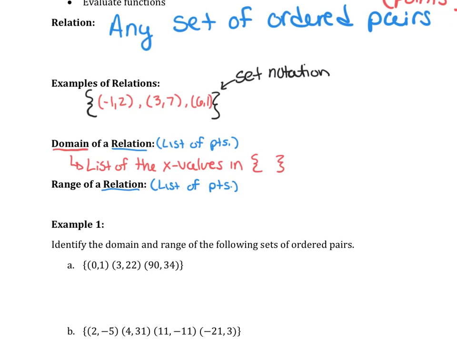So for example, if we were to do the domain of the example above, we would just list the x values. So that's -1, 3, and 6. And then the range is the same idea, but with the y values. So the range is the list of the y values in those brackets.